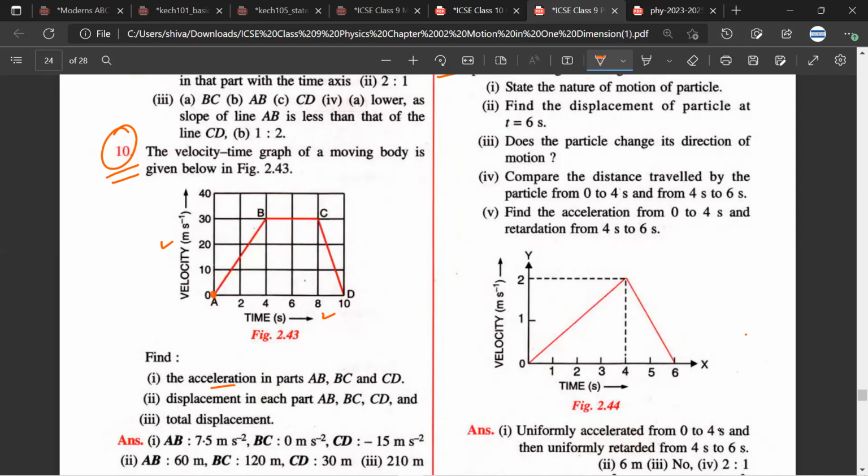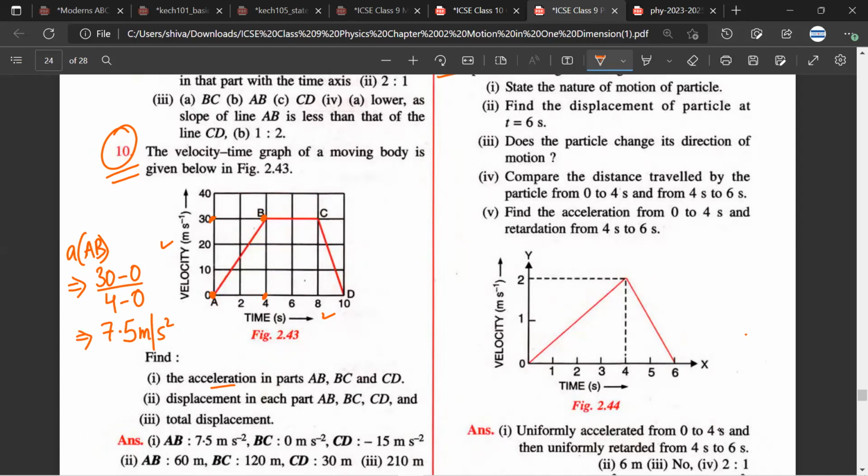So the acceleration in AB would be equal to V2 minus V1 upon T2 minus T1. This is V2, this is V1, this is my T2, this is my T1. Is it making sense? Yes, sir. So this would be equal to 7.5 meter per second square.